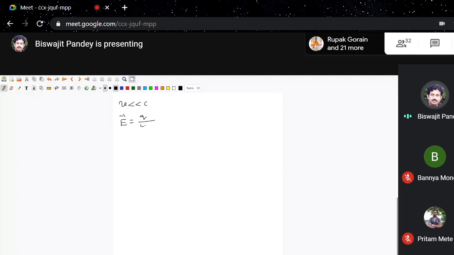E was Q by 4 pi epsilon 0, then we have R minus R beta. I'm just writing the velocity term, not the acceleration term, for the uniformly moving point charge: r minus r dot beta, cube.